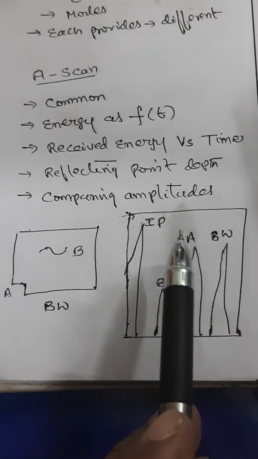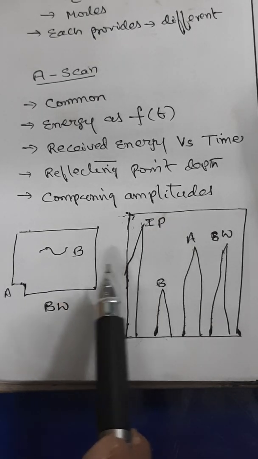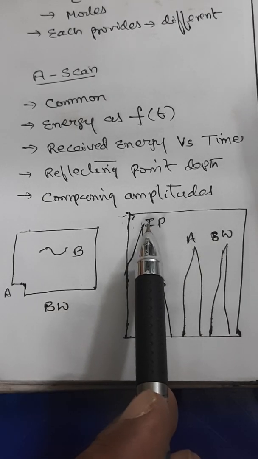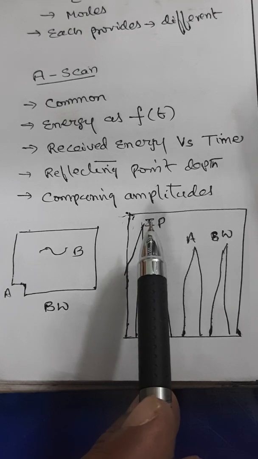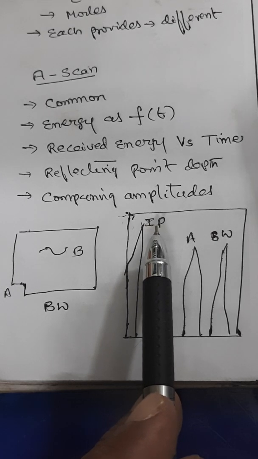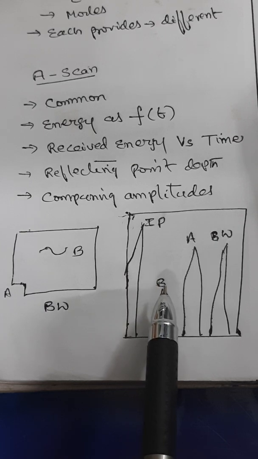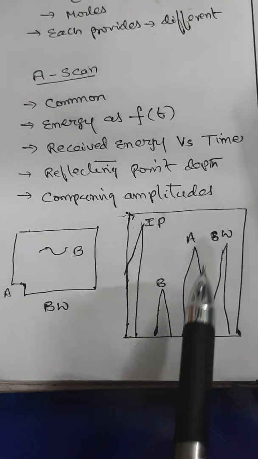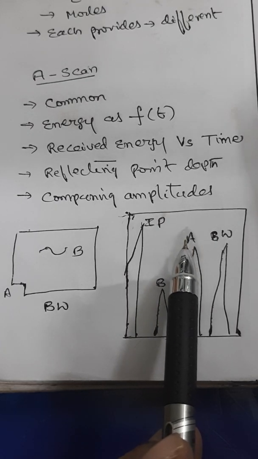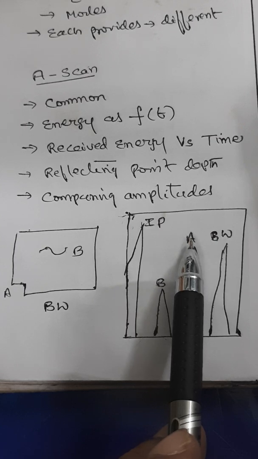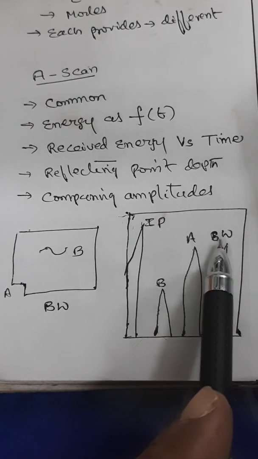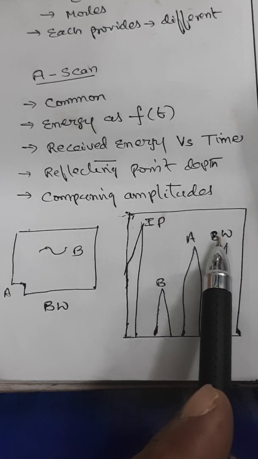So if you see the plot here, this is the material under test and this is its scan display after plotting the graph. In this illustration of the A scan display of the object, IP represents the initial pulse generated by the transducer, which is near zero time. So when the transducer is in its left hand position, in addition to the initial pulse signal, signal A is obtained, which corresponds to the sound reflected from surface A. As the transducer is scanned to the right, a signal from the back wall, represented as BW, appears at a later time.